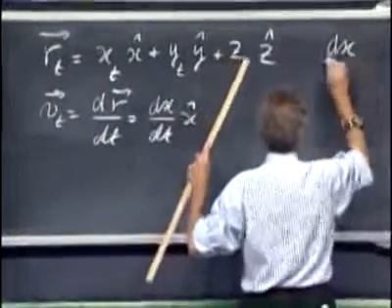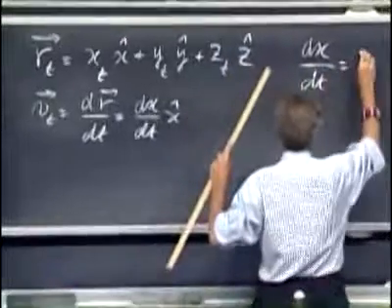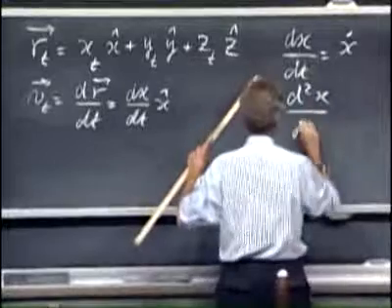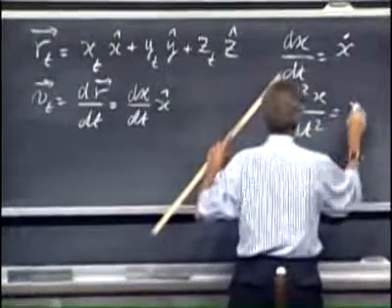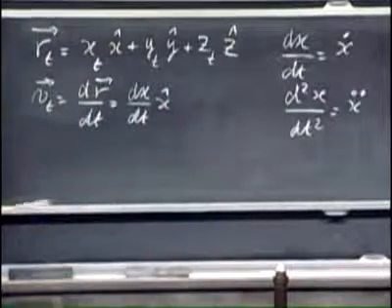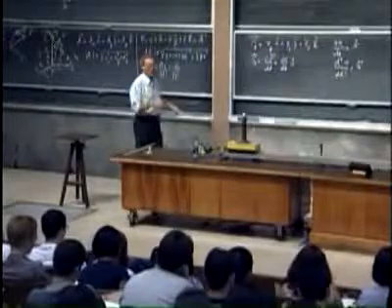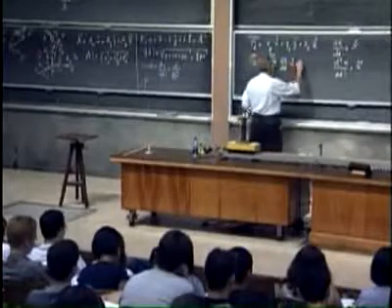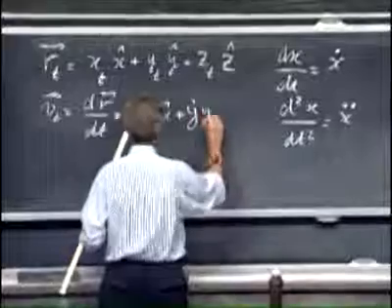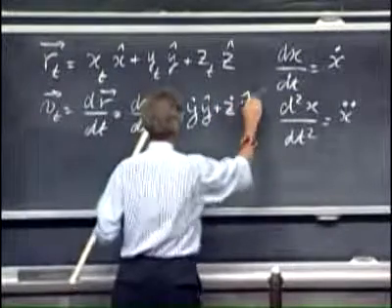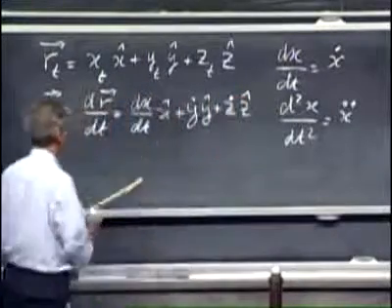I'm going to write for dx dt x dot, because I'm lazy, and for d2x dt squared x double dot. It's often done, but not in your book. But it's a notation that I will often use, because otherwise the equations look so clumsy. Plus y dot times y roof plus z dot times z roof. So z dot is dz dt.